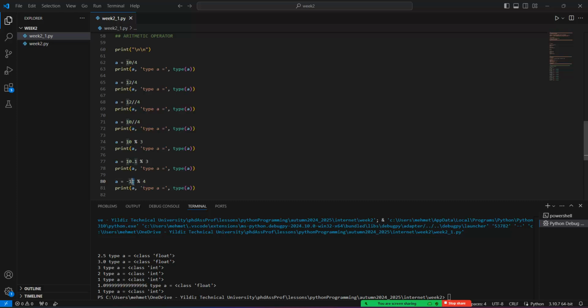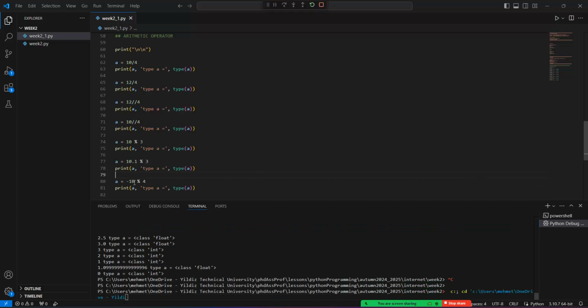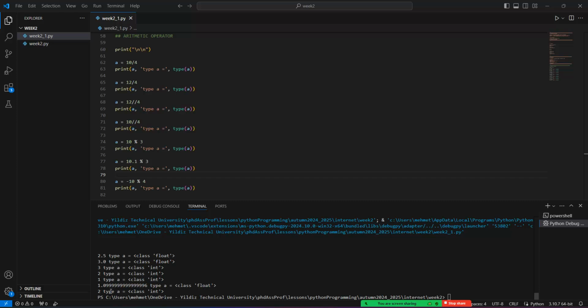But the remaining part must be equal to 1. For example, if I choose minus 12, we will have the 0 value, or minus 10, we will have the 2 value here.